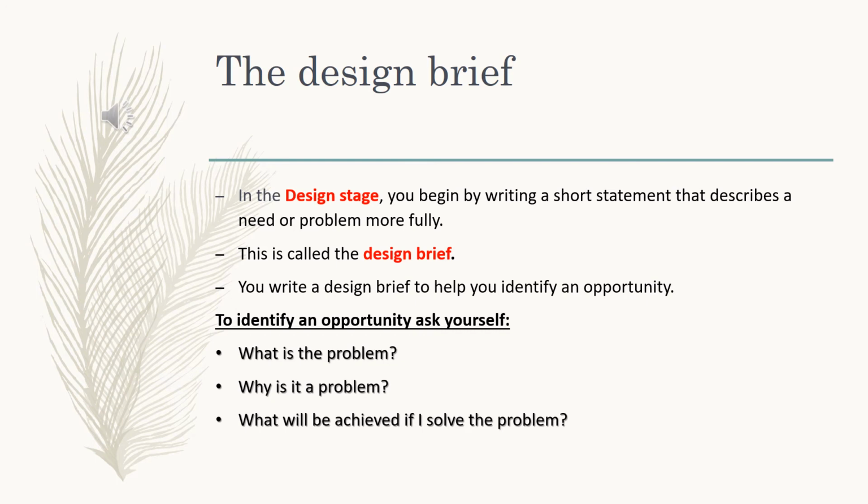In the design stage, you begin by writing a short statement that describes a need or a problem more fully. This is called a design brief. You write a design brief to help you identify an opportunity. So if we go back to the example of a drone, you're going to write a short statement to describe what the problem is.